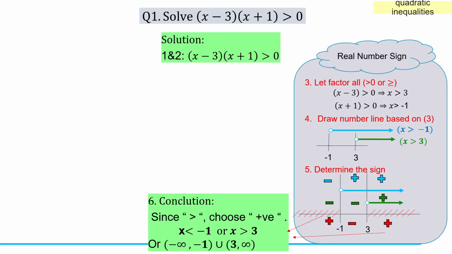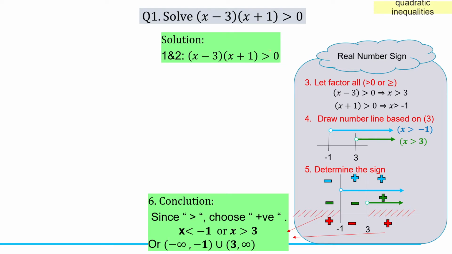Okay, now we look at the third method. It's called real number sign. The starting is always the same. Then we have the x plus this one, this is our question, and over here you have one statement. Let all of your factors be greater than 0 or greater or equal to 0.